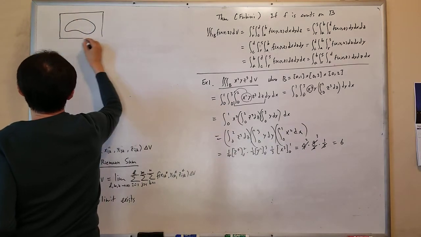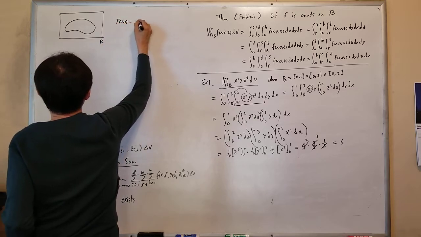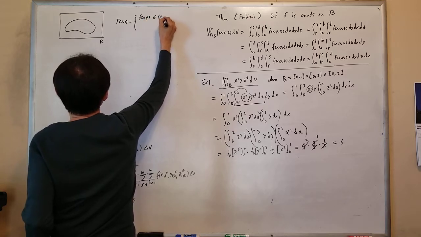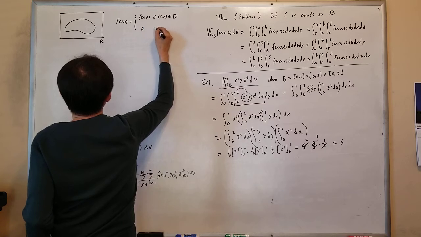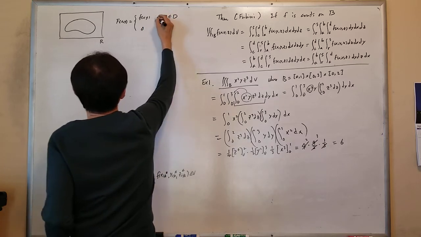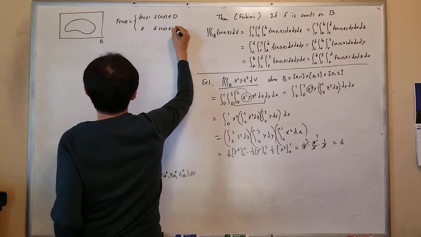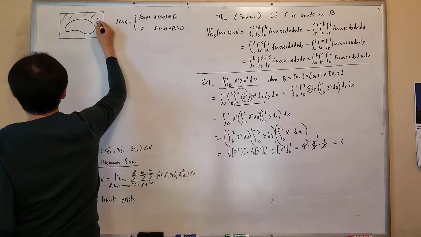Think about a bigger rectangle R, and then we define capital F of x, y as the same as f of x, y if (x, y) is in the original domain D, and 0 if (x, y) is outside of D, in this region.